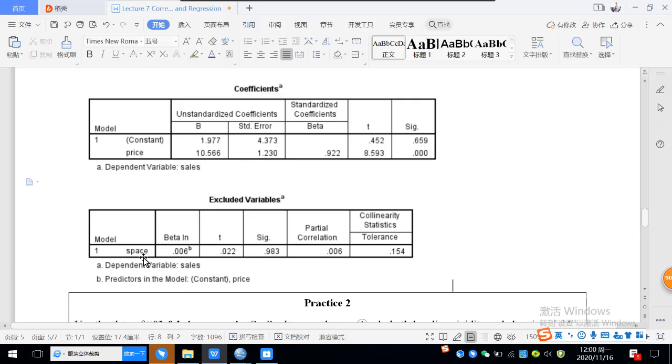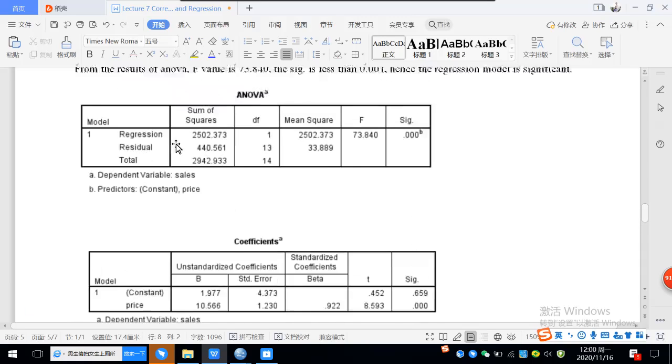The space, look here, space is excluded, right? And now in the model, we just have price in the model.